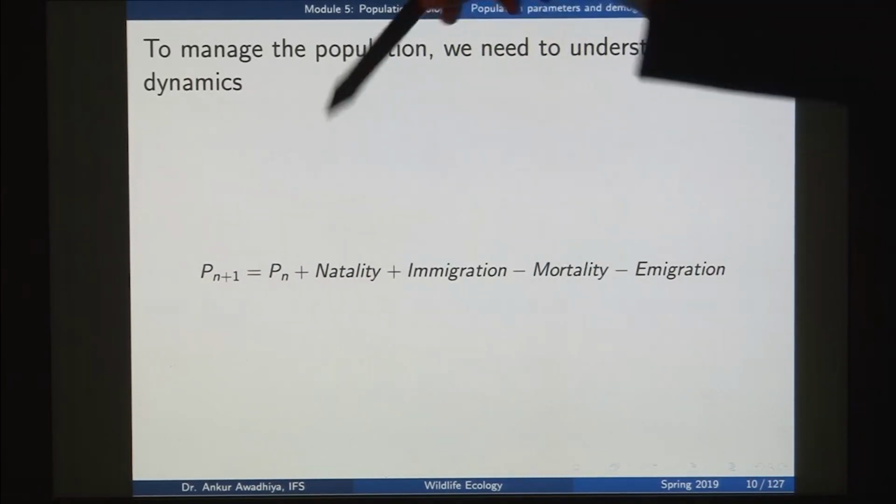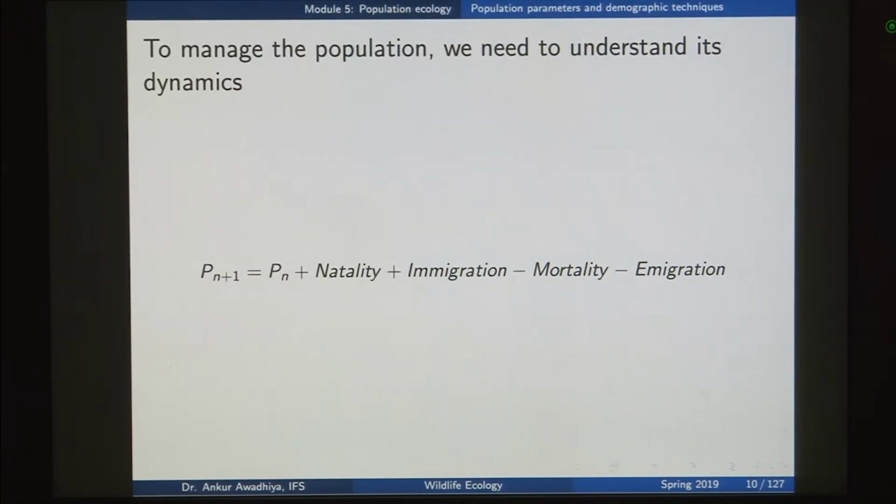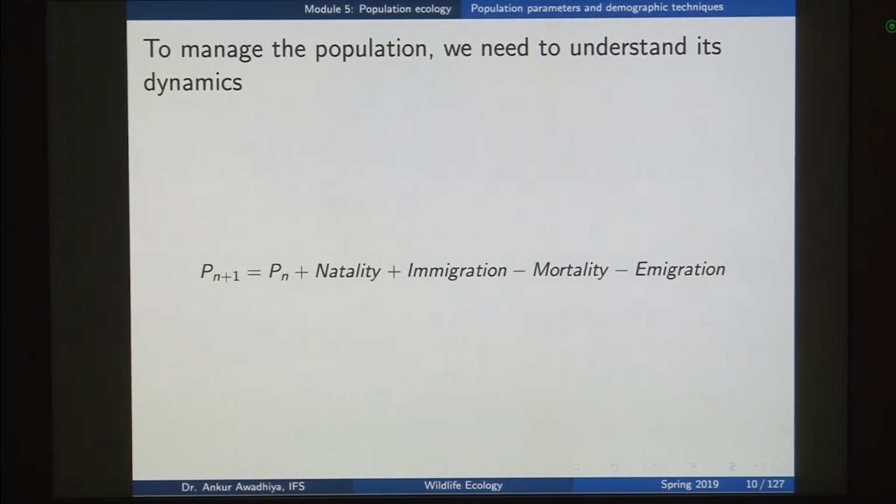So, here we are saying that this was the population in the nth year, what is the population in the next year, that is Pn+1. Now, Pn+1 is given by Pn plus natality. Now, natality is the birth rate, how many number of animals got increased because of birth in the existing population. So, how many animals were added. Now, addition can be because of natality or it can be because of immigration. Now, immigration is when you have animals that are coming from some other area into this area.